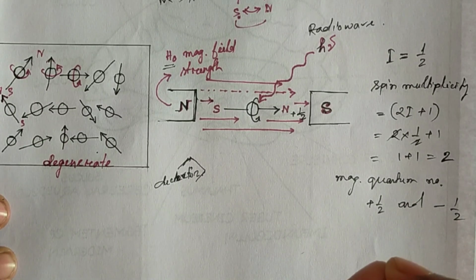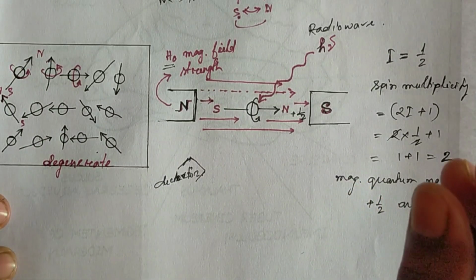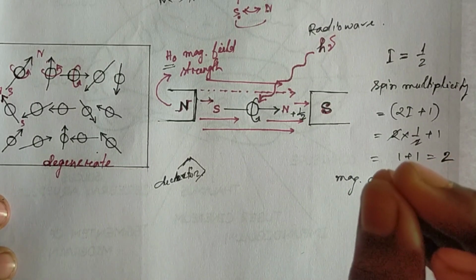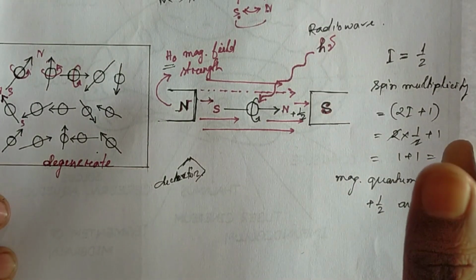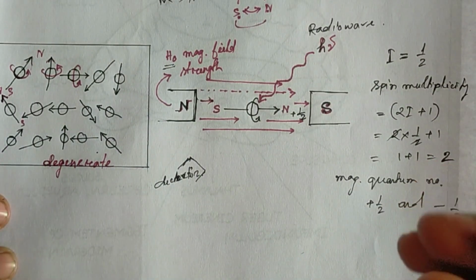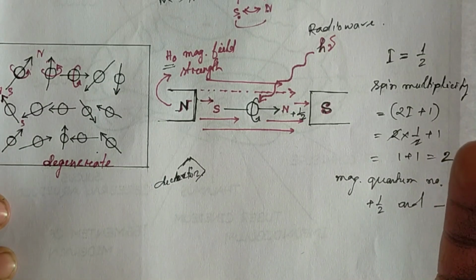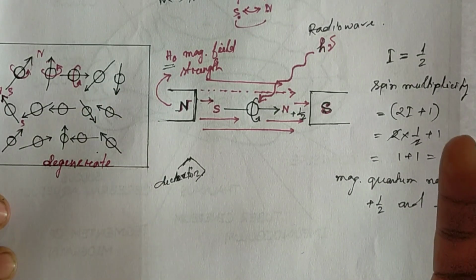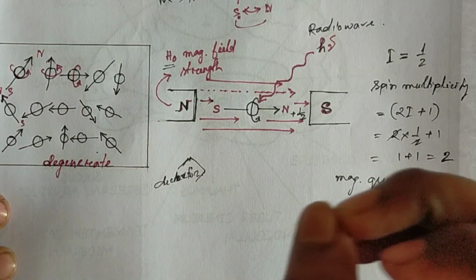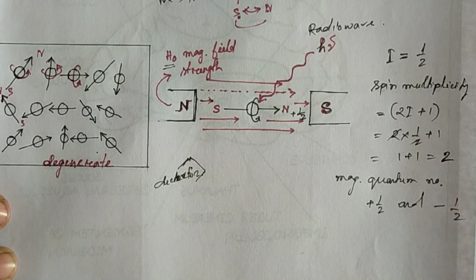Some nucleus will absorb, suppose, 50 Hz of light, or some nucleus will absorb 40 Hz. For each nucleus it is fixed; that nucleus will absorb only light of that certain frequency.